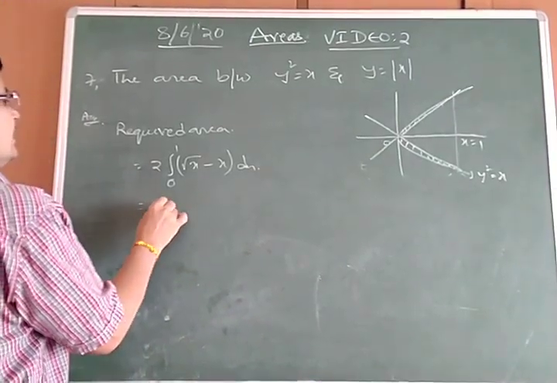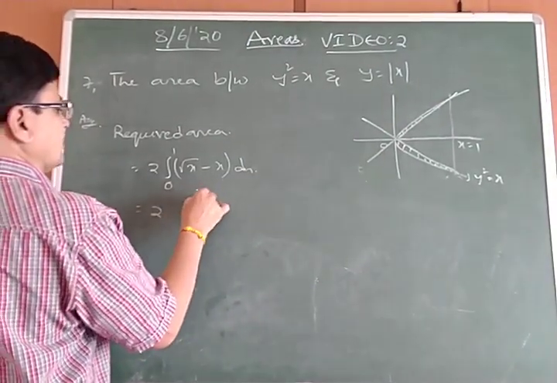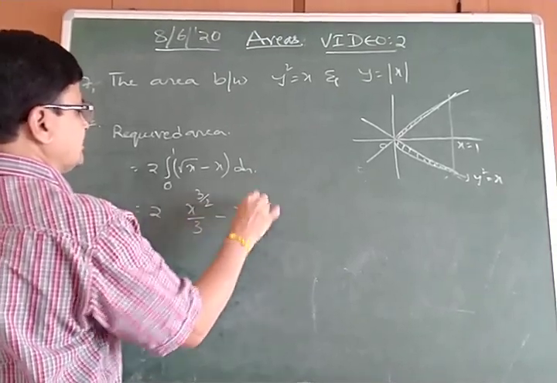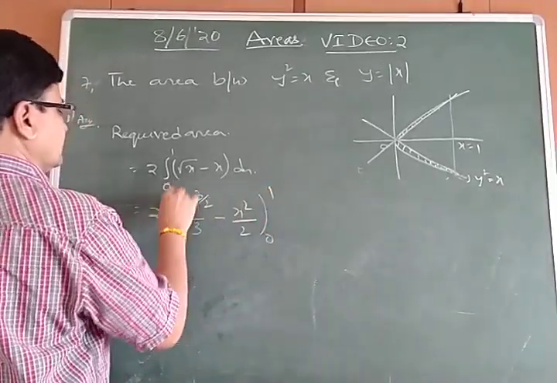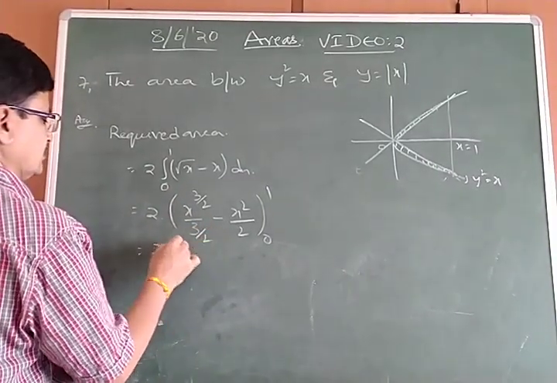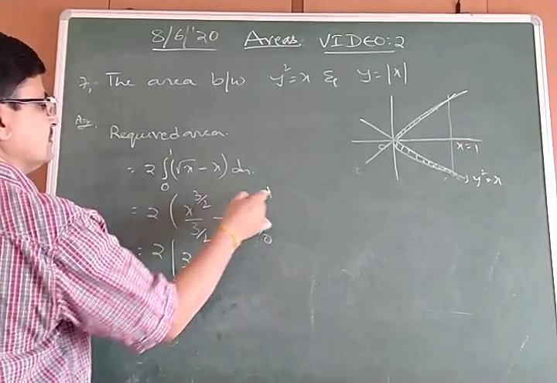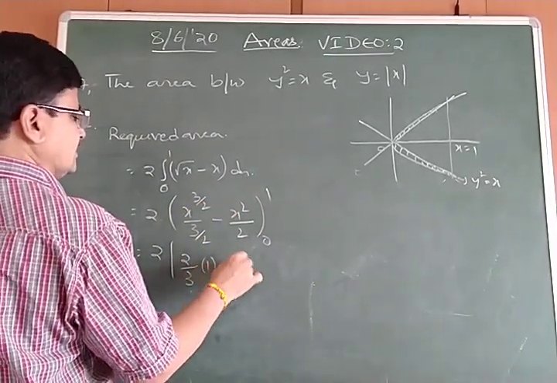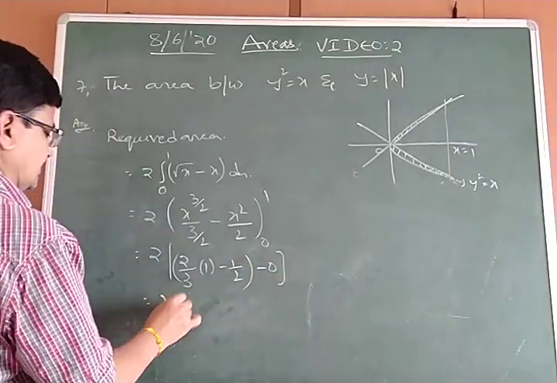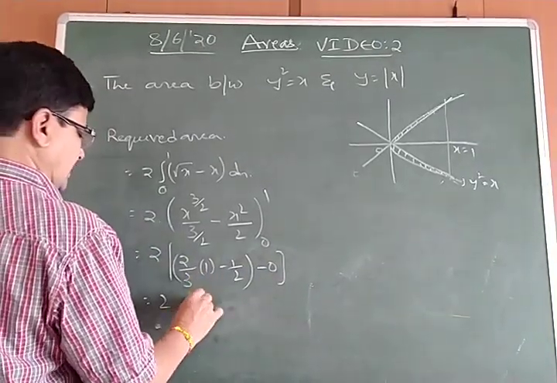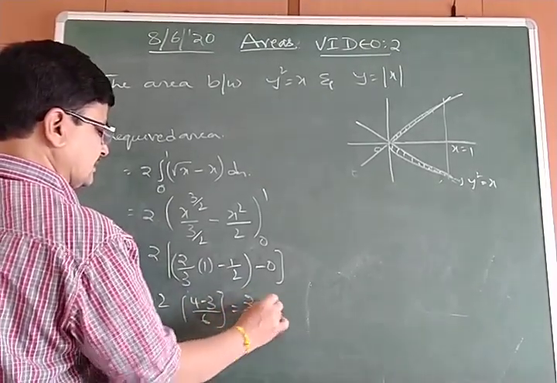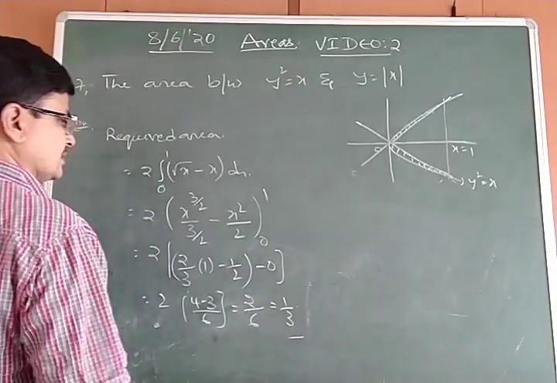Now it is 2 into x to the power of 3 by 2 by 3 by 2, minus x square by 2, from 0 to 1. Now this is 2 into 2 by 3, then upper limit is 1 minus 1 by 2 and lower limit is 0. So this is 2 into 4 minus 3 by 6, that is 2 by 6, equal to 1 by 3 square units.